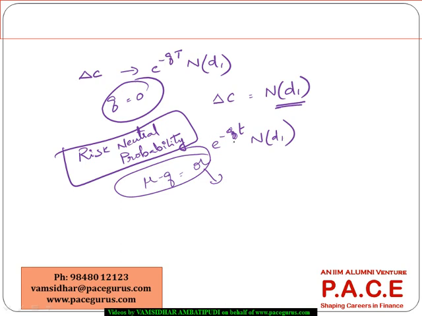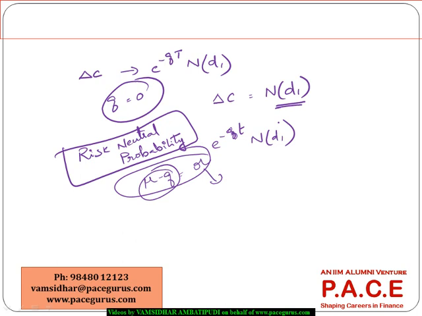Only when the risk-neutral probability replaces this mu minus q do we say that N of d2, the term in the Black-Scholes formula, indicates the probability that the option is expiring in the money.